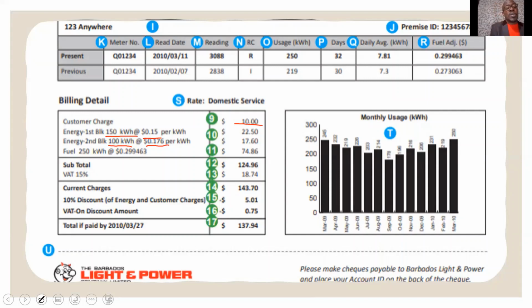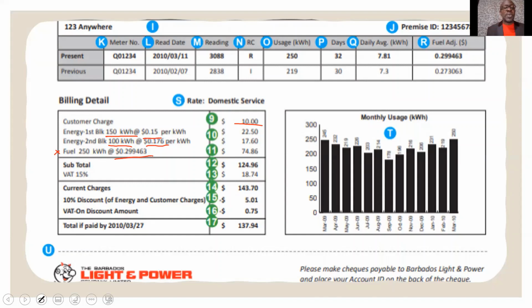However, if you note for the fuel, as we indicated earlier, all 250 kilowatt hours is used to determine the total fuel cost.